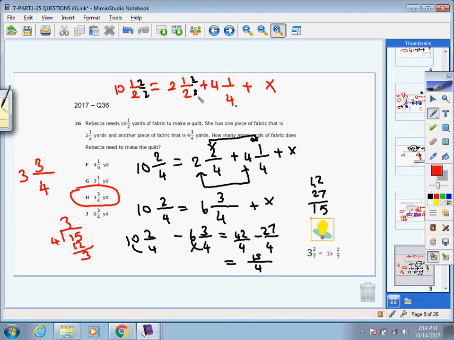Instead of having that, you can do it like this. Transform this one into decimal form, which is 10.5. This one 2.5, and this one 4.25, and do the calculation here.